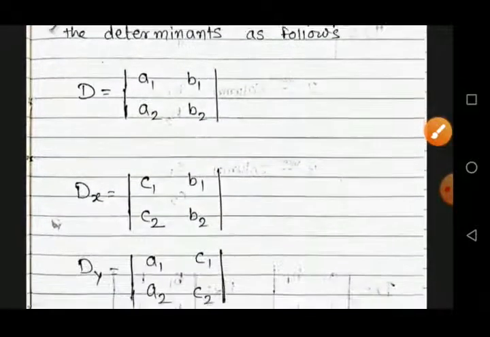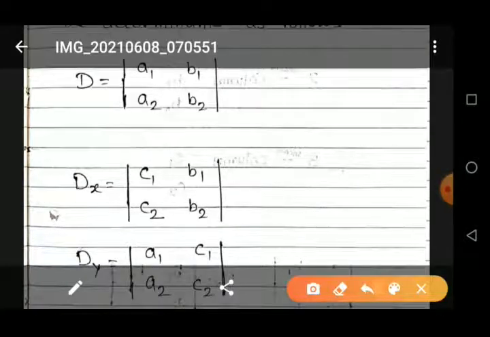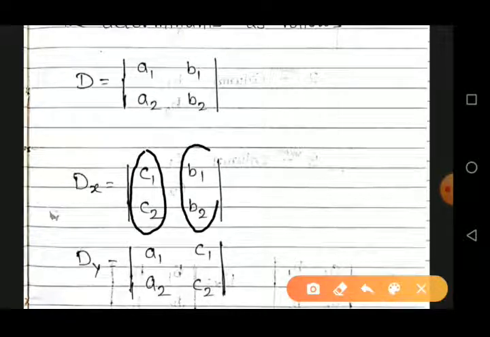Now, prepare the second determinant Dx. Dx is equal to, in between two vertical lines, write down the column of constant terms, that means the column c1, c2, and after that write down the column of b values, that means b1, b2.